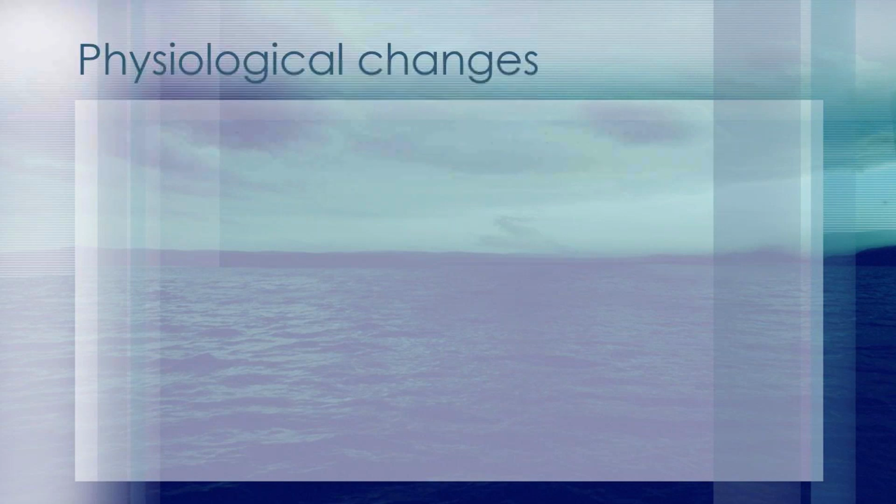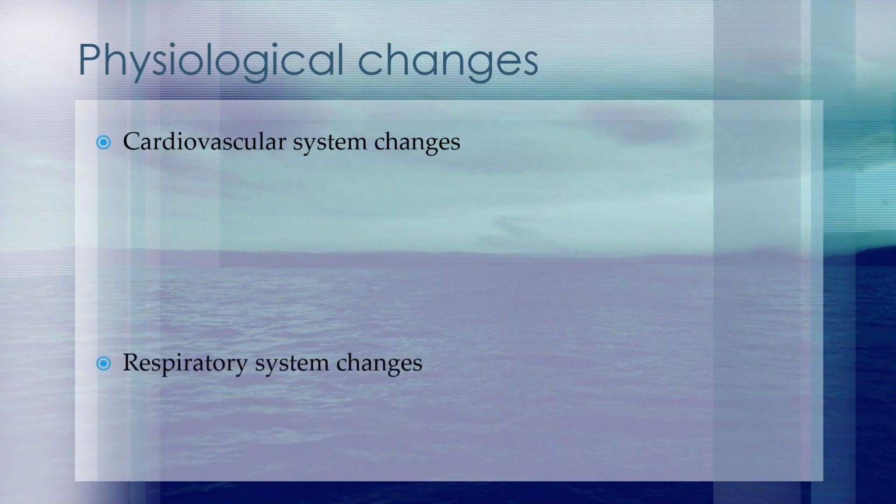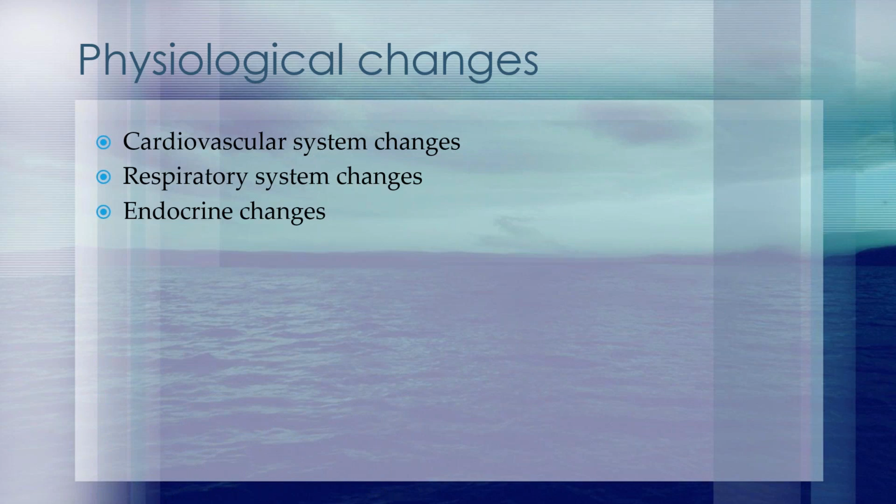Psychological changes, we see some major changes in cardiovascular health, respiratory health, and we'll dive into a lot of the physiological changes once we get to the geriatric chapter within your textbooks. Endocrine changes: remember the endocrine system is in charge of hormones, so we see a deterioration in that, and as a result, they don't produce as many hormones as in the early adulthood or middle adulthood phase.